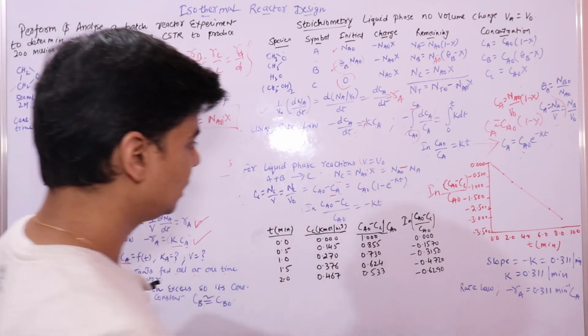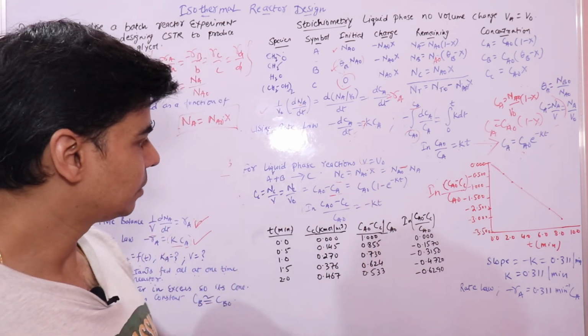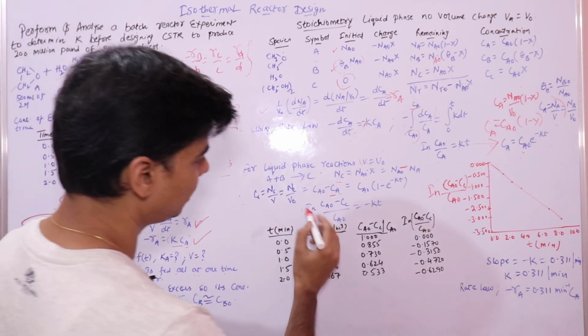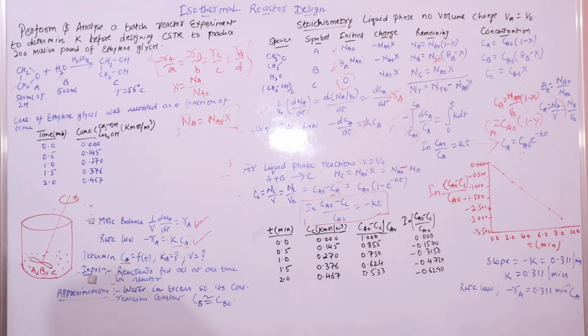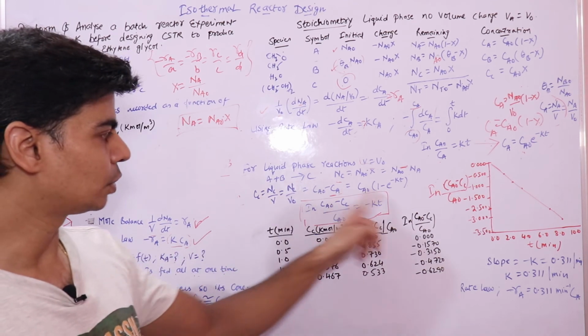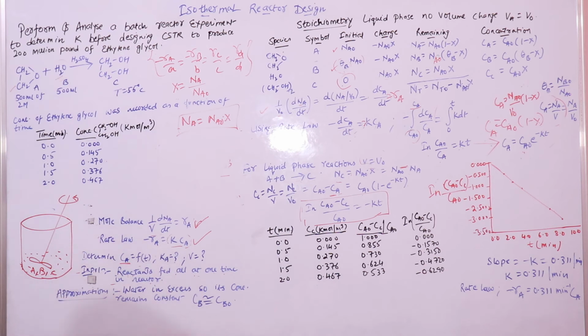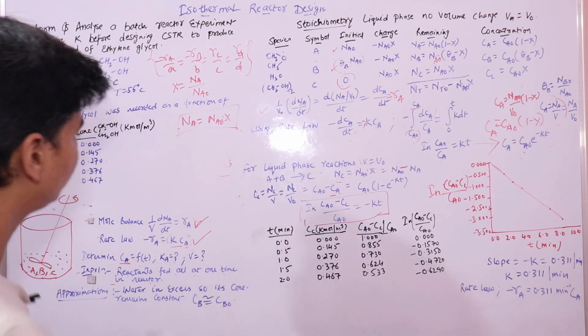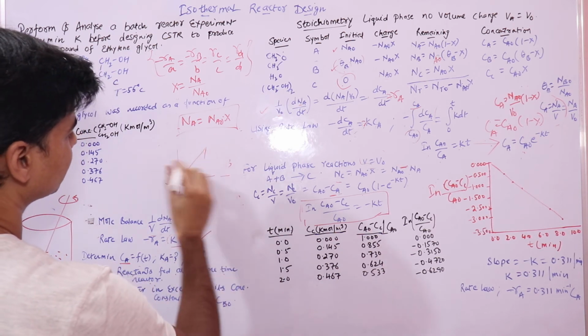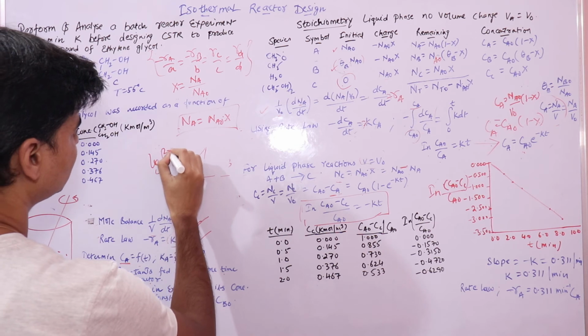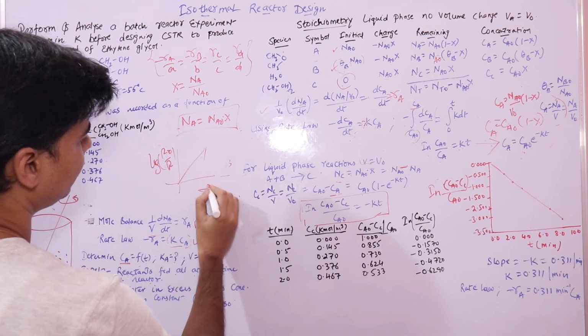Now if you take the logarithm of both sides, it becomes equal to Kt. This has become the graph situation that we were doing in chemical kinetics, like R0 upon R versus t.